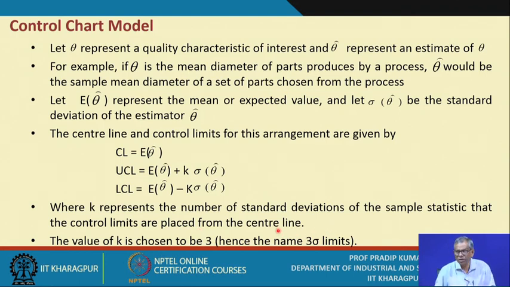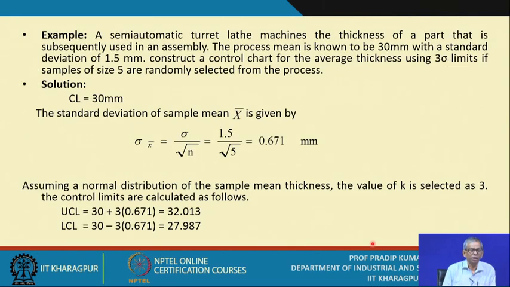Usually, unless otherwise stated, the value of k is assumed to be 3, and that's why many a time we refer to the control limits as plus minus 3 sigma limits. So here is an example. A semi-automatic turret lathe machines the thickness of a part that is subsequently used in an assembly.